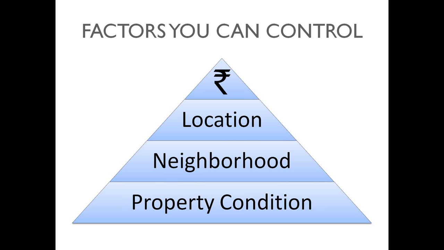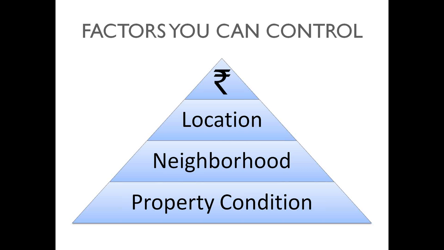Third is neighborhood. The neighborhood is extremely important for buyers as well, but your house is where it is. Your client's house which is to be sold is where it is. You cannot change the place. So neighborhood is also not in your control.